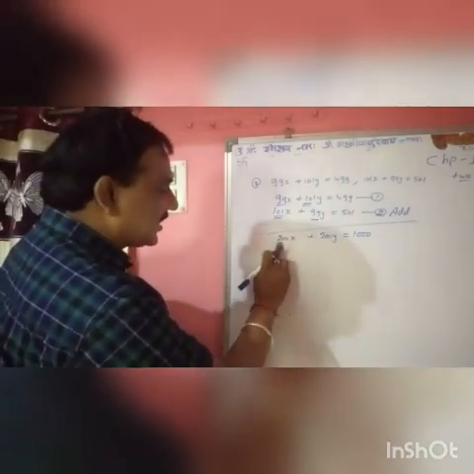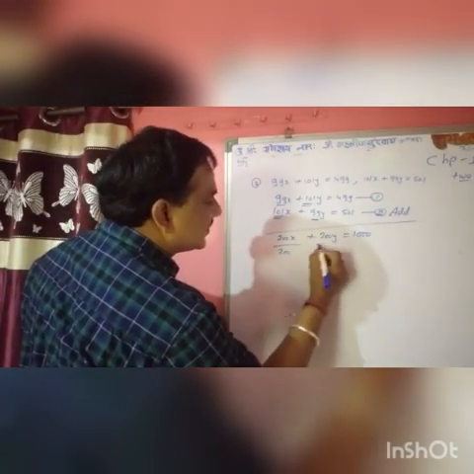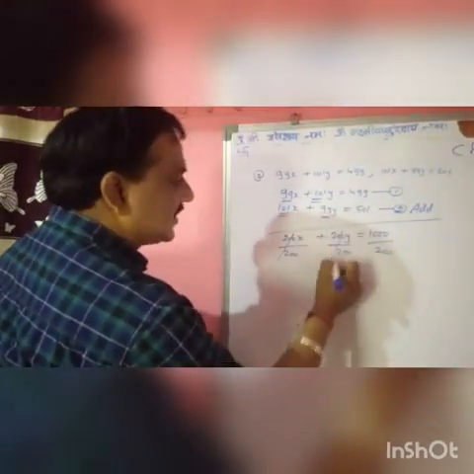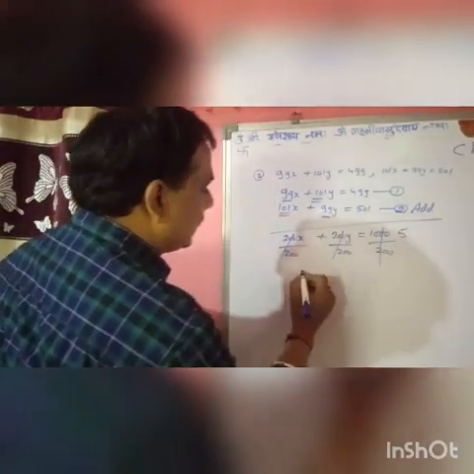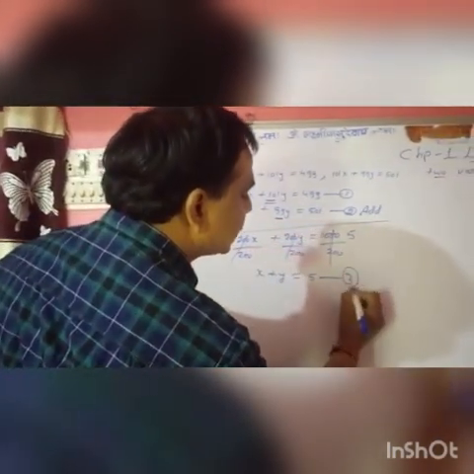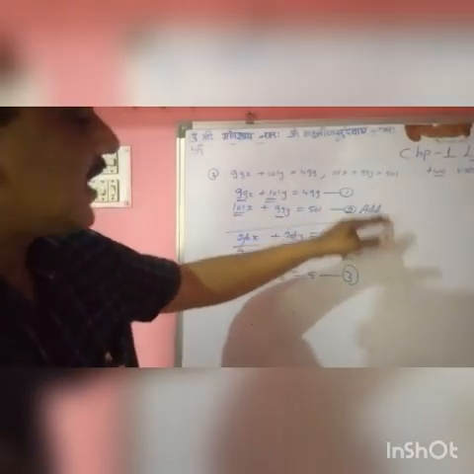Now the coefficient is 200. Divide it, cancel, 5. x plus y is equal to 5. That is your equation 3. Means when the cross numbers are the same, then we have to add the equations.